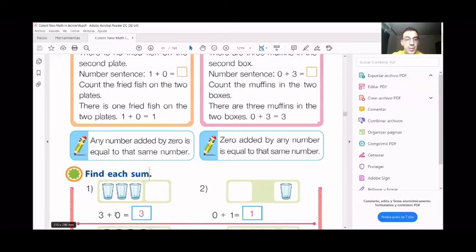So 3 plus 0 equals 3. And here, number 2, the same. 0 glasses plus 1 glass, 0 plus 1 equals 1. Now there are more exercises on this page, so you can do them by yourself. Number 3 to number 8 is going to be homework for you.